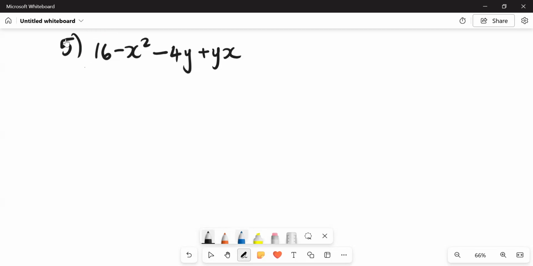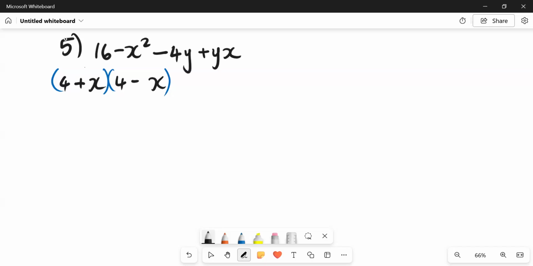Let me use a different color to show you that I was dealing with these first two terms. Square root of 16 is 4 and 4. Square root of x squared is x and x. Difference of two squares, change the signs. That's okay, so far so good.